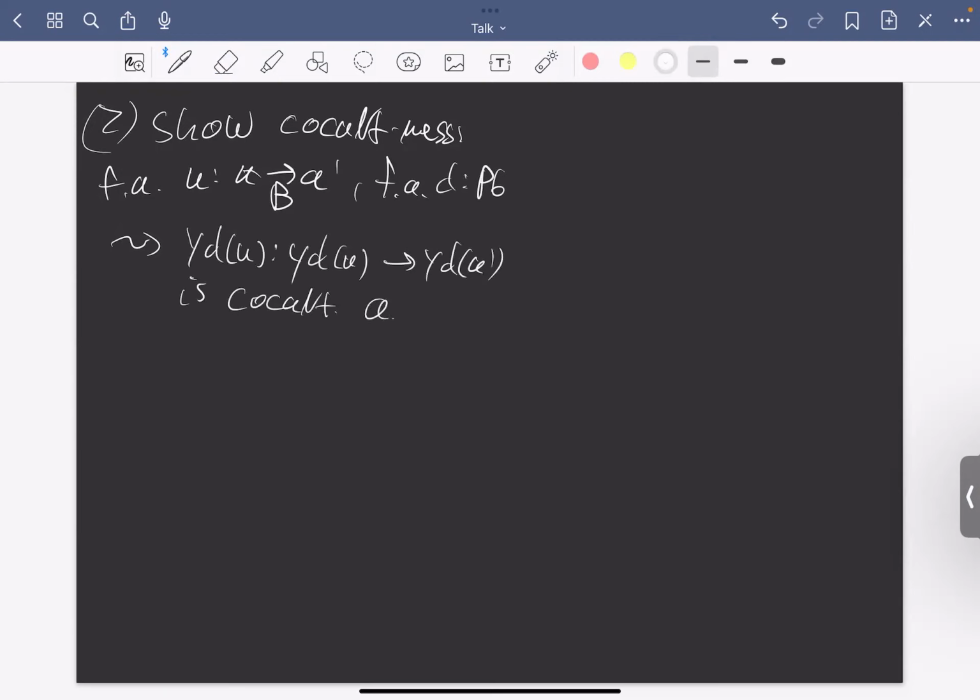That's what it means for the section to be co-Cartesian: the action on any arrow ends up being a co-Cartesian arrow. So we want to show this.